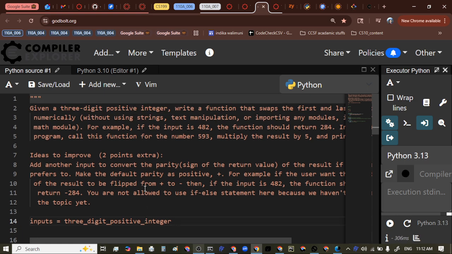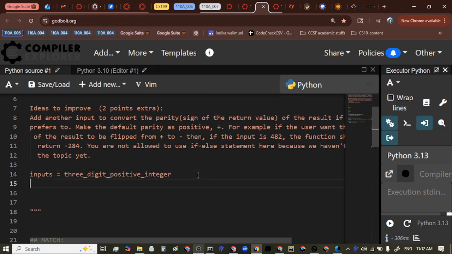Which part of speech identifies the input? Given, right? This word. That's it. What is the output? Basically, we have to return a number with the two ends swapped, right?